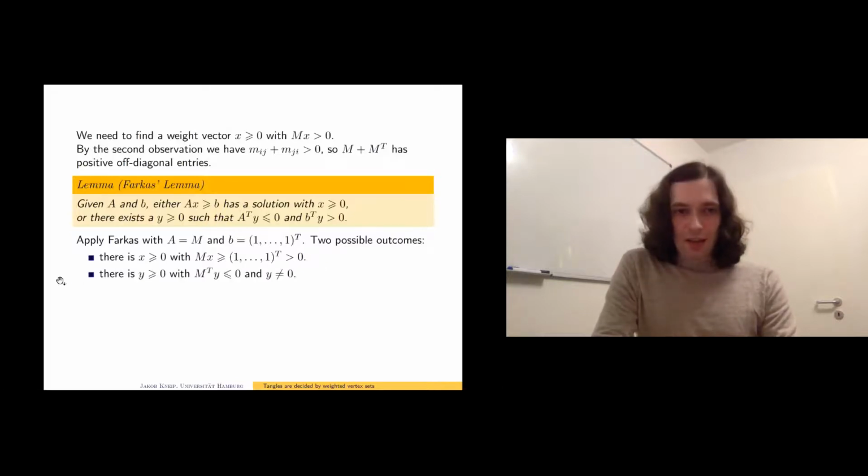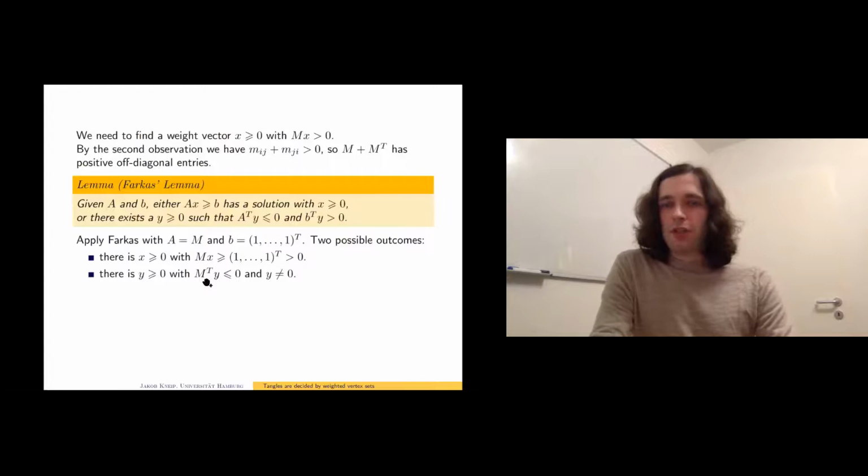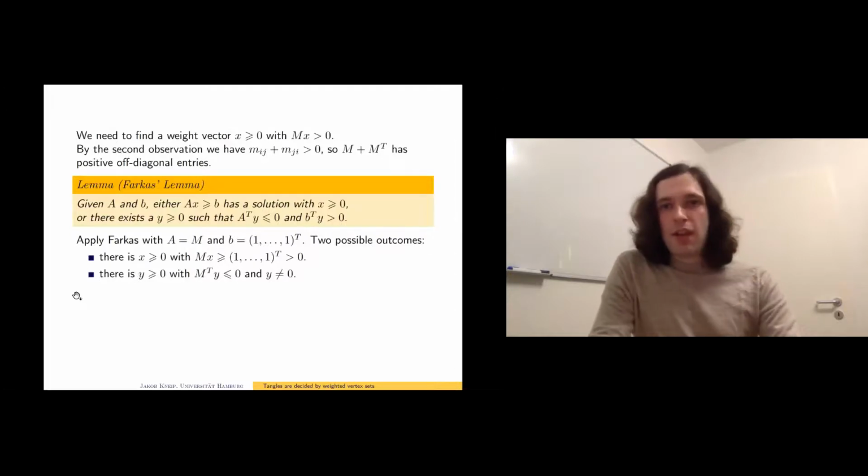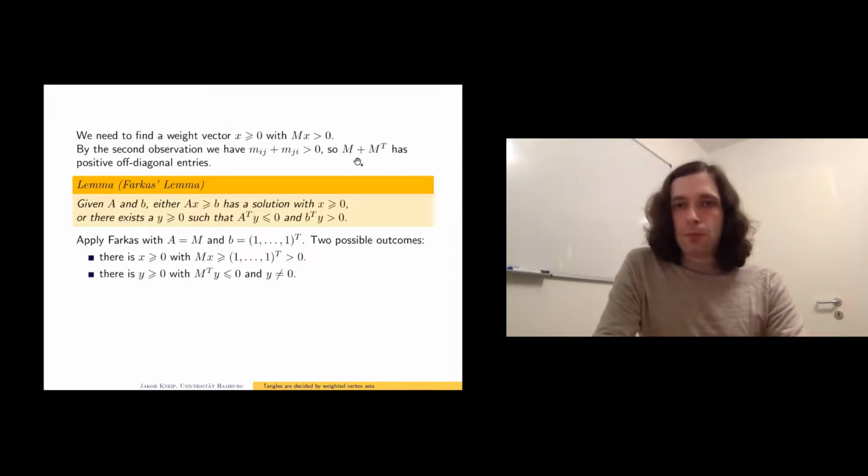The second thing that can happen is that we find another vector y such that the product with the transpose of our matrix is non-positive everywhere. Well, in that case, we have to make use of our knowledge that M plus its own transpose has positive entries everywhere.